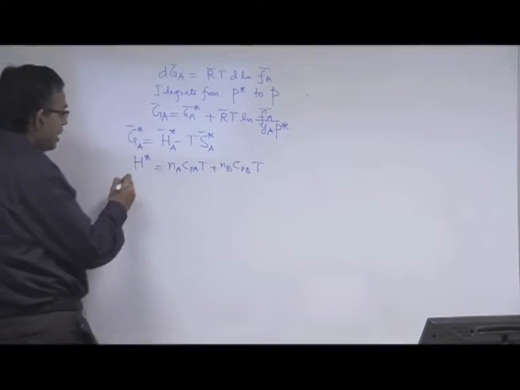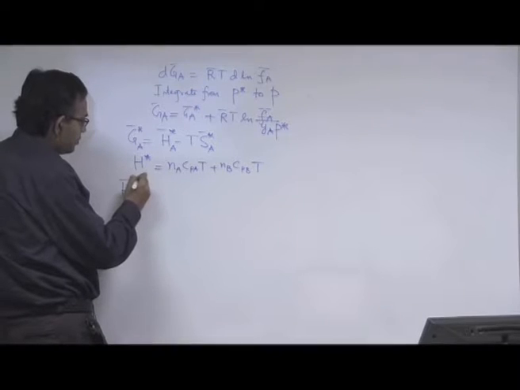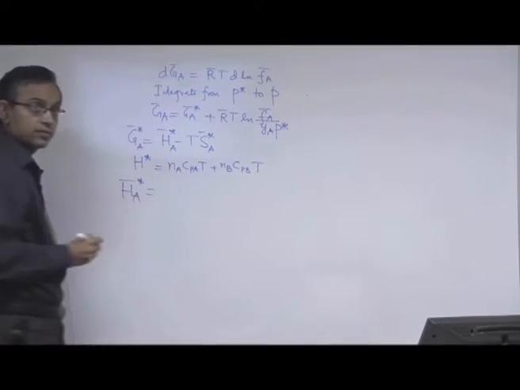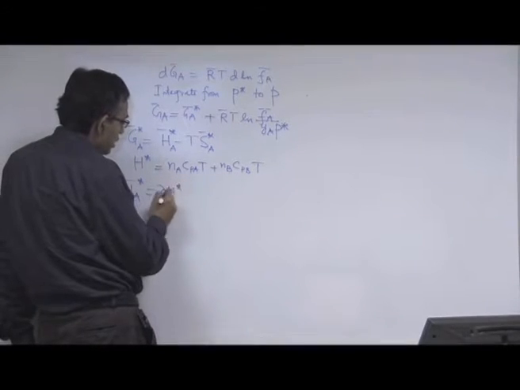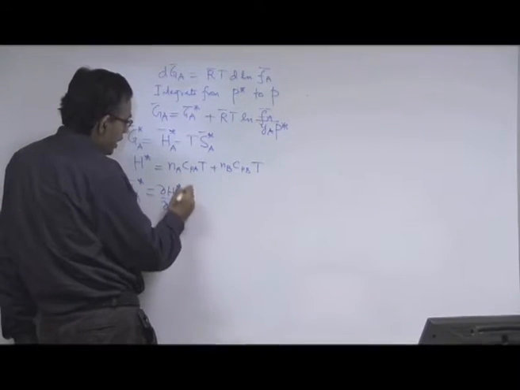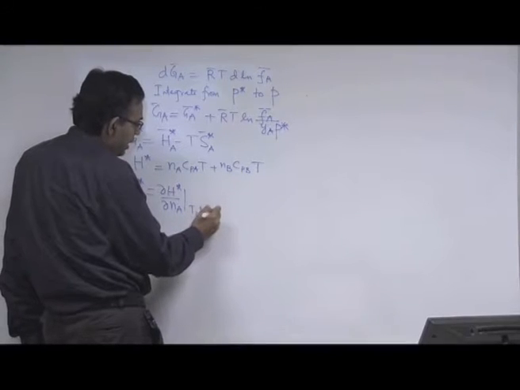Now what is H bar A star? That is del H star by del nA at T, P, nB. What is that?